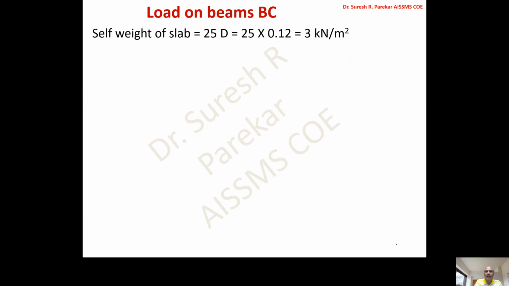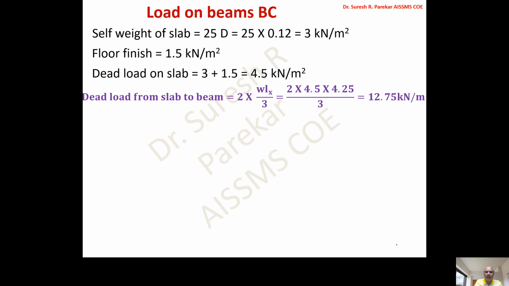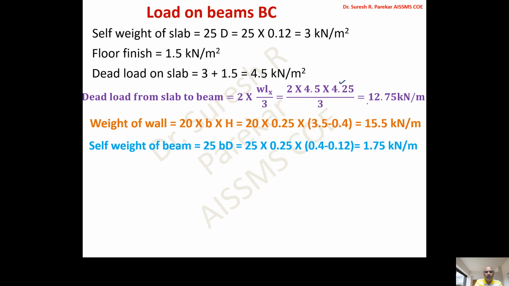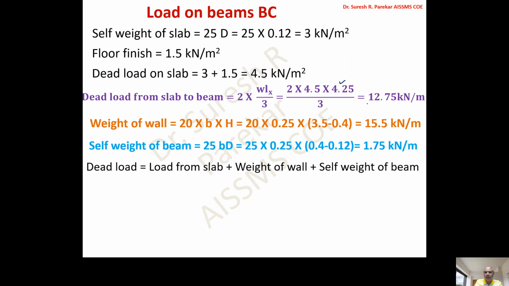Now we will go to BC. Now we know for BC these things we have as it is. Only we have change in Wx, which will be 4.25, remaining all same. So we have weight of wall the same. Then we have self weight of beam the same 1.75, and then we have this value as 30 kilonewton per meter. So change we have only from slab.